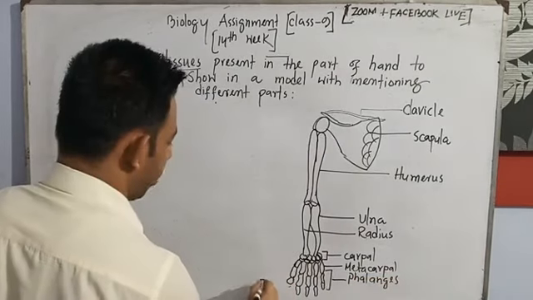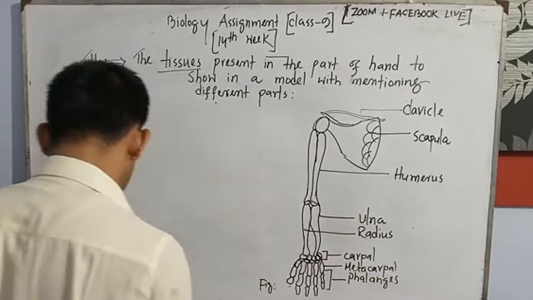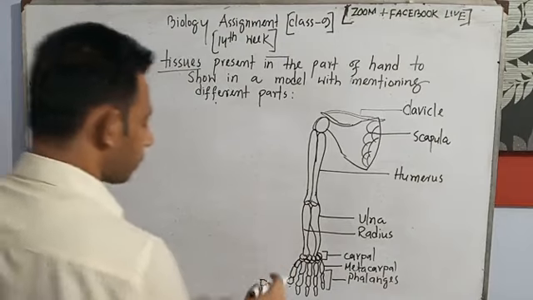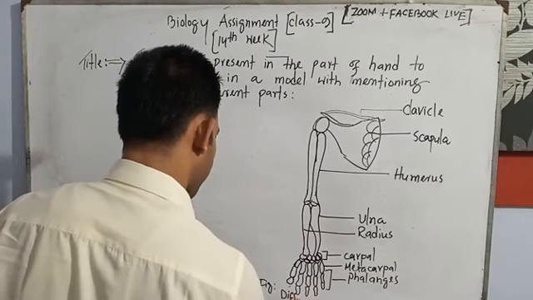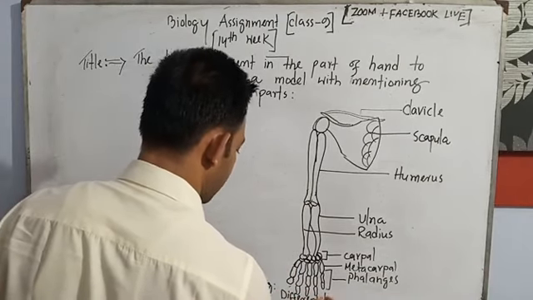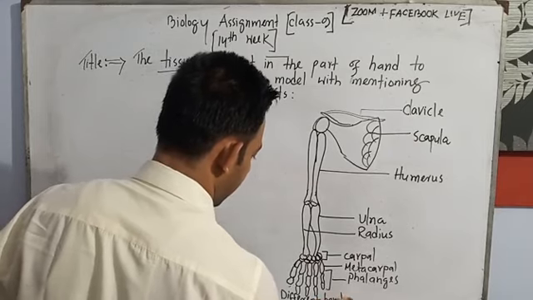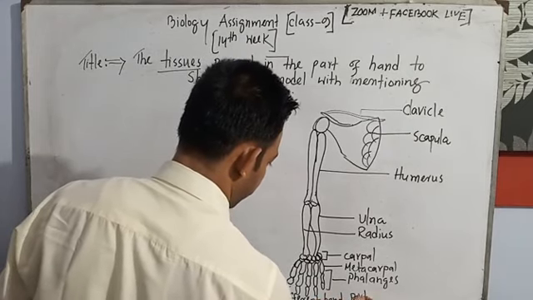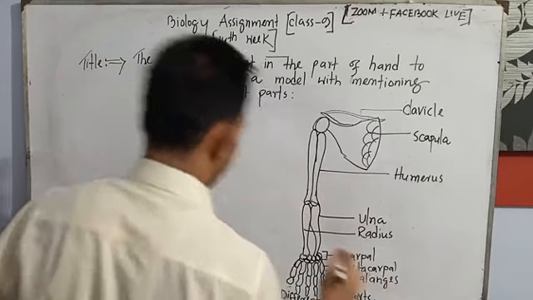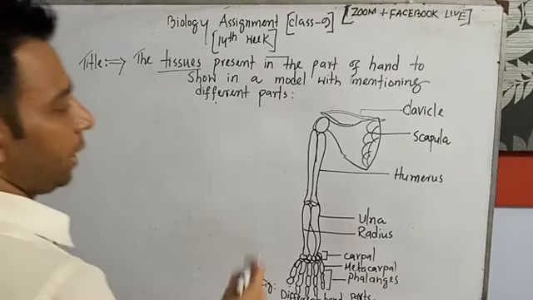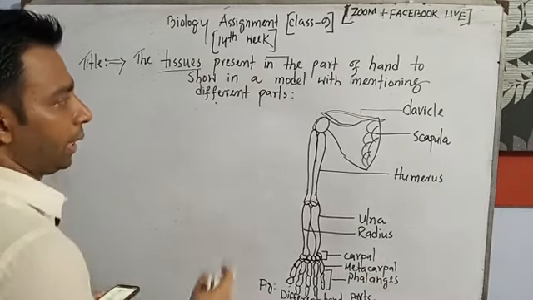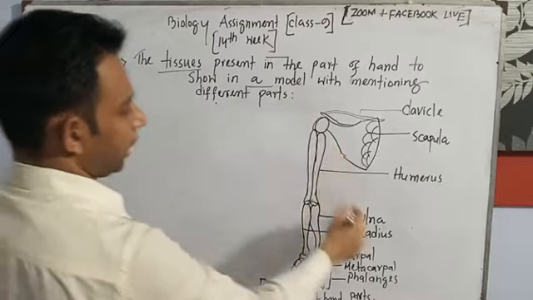And below the figure you must mention the different hand parts. Yes. Then finally after completing that one, it is to be a model to show, you will draw that one.